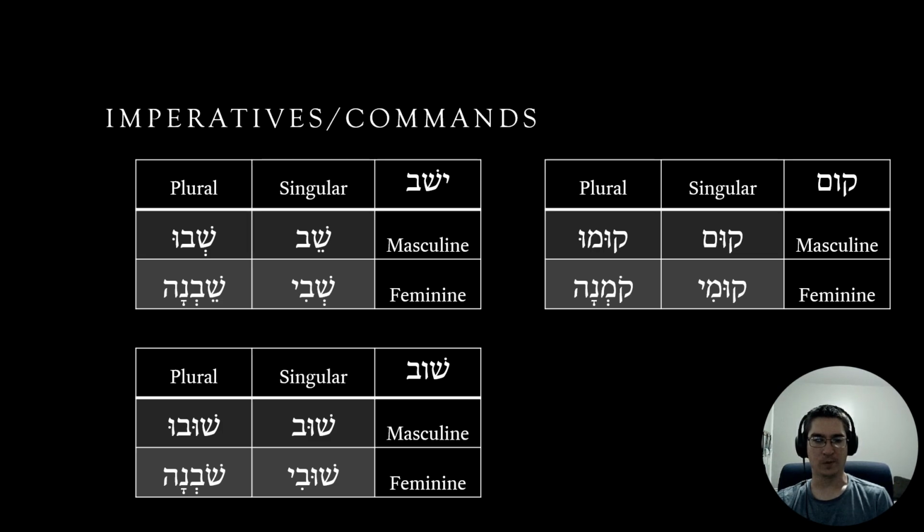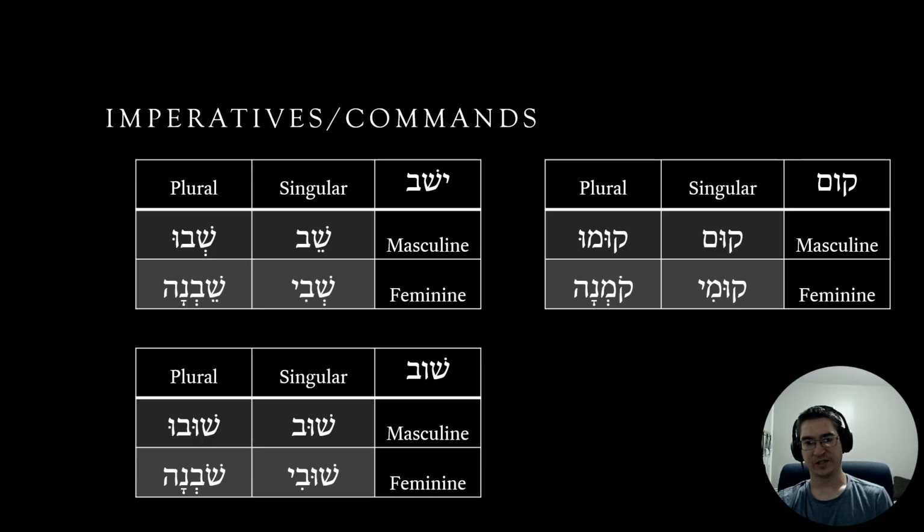These are the forms that these words will appear under in a dictionary. If you're looking into a Hebrew dictionary, you'll want to look, arranged in alphabetical order, for kof, vav, mem for kum, yod, shin, bet, yashav, or shin, vav, bet, shuv.